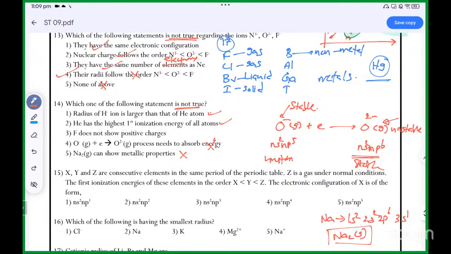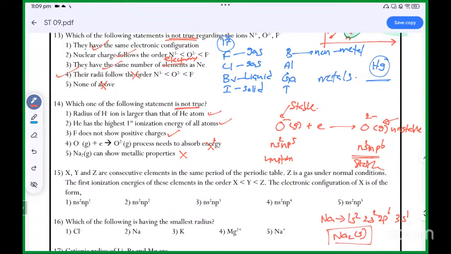F does not show positive charges means that is correct because it is only showing the negative charges. මම මේක කියවගත්ත වැරදි. ඒ කියන්නේ not true කියන එක නෑ. F does not show positive charges, that statement is correct. Not showing positive charges, that statement is correct because it is only showing the negative charges, right? Sorry about the mistake.